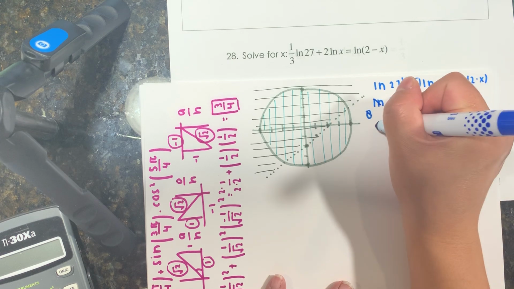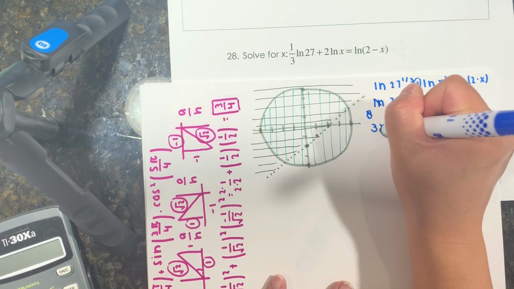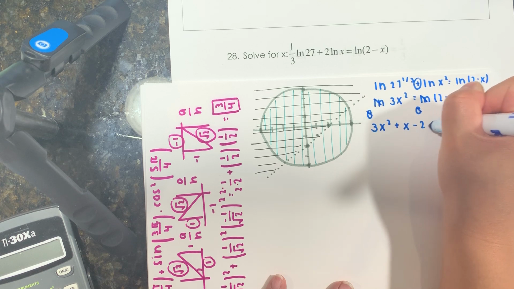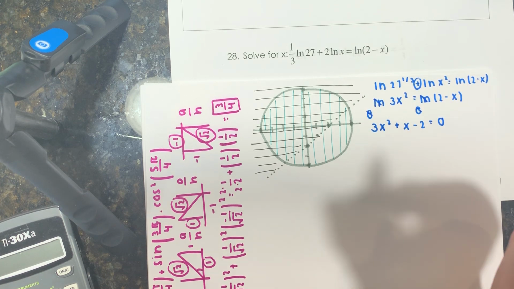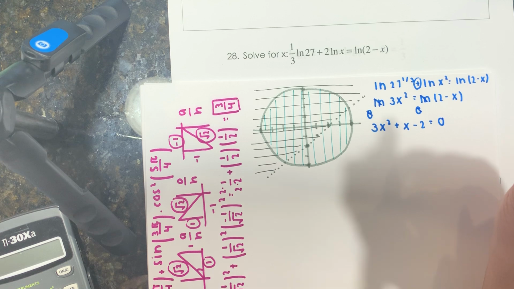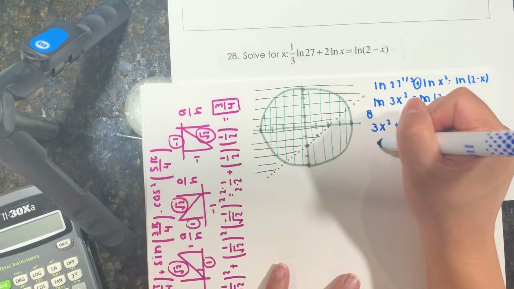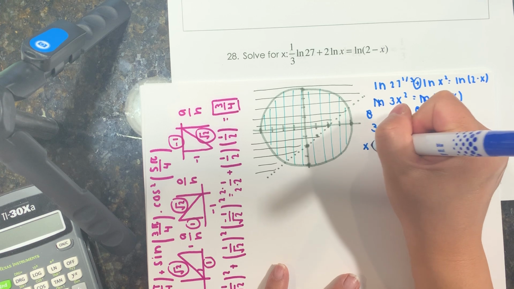And that would give me, if I set it equal to 0, 3x squared plus x minus 2 equals 0. To solve for x, I have to either do the quadratic formula or do completing the square.